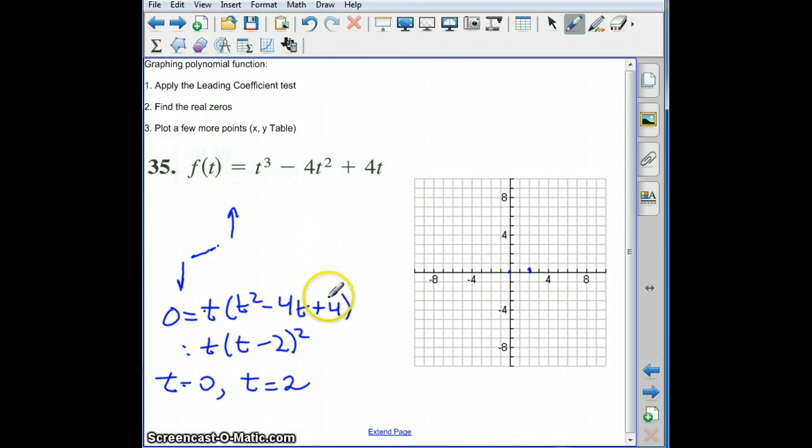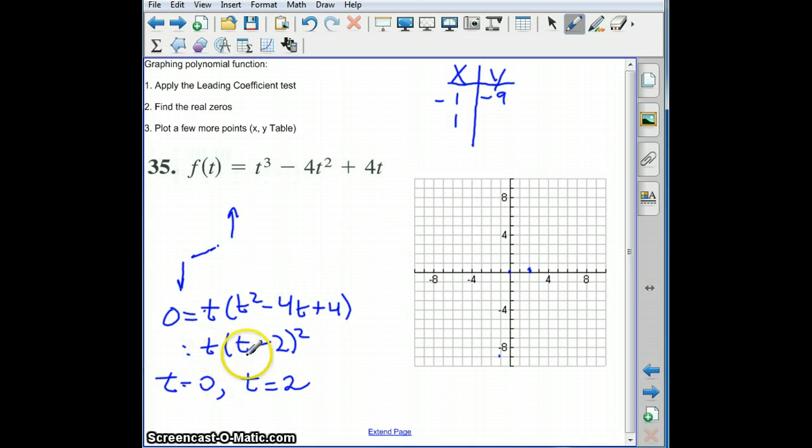Okay, now we need to plot a few more points so we can figure out what's going on in between. So let's do an XY chart. Okay, let's put in -1. And sometimes it's easiest to do that in the factored form. So -1 times -3 squared is going to be -1 times 9, which is -9. So I've got a point way down here. And then let's put in 1.